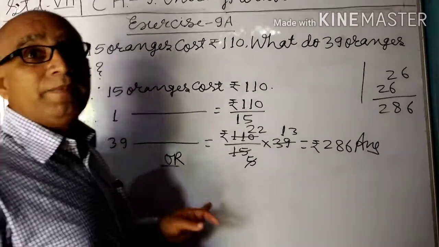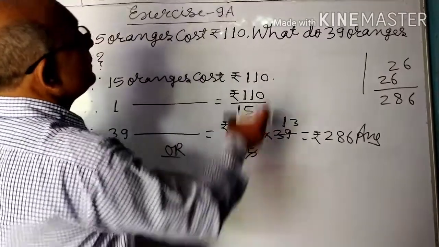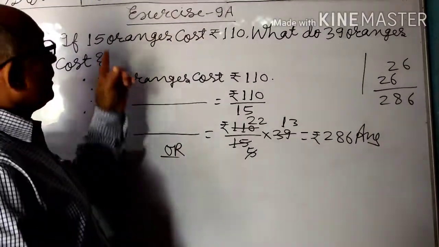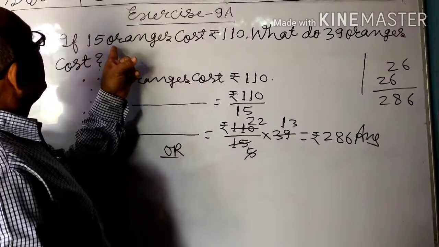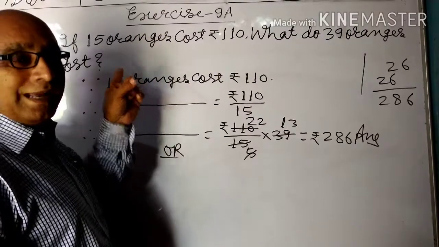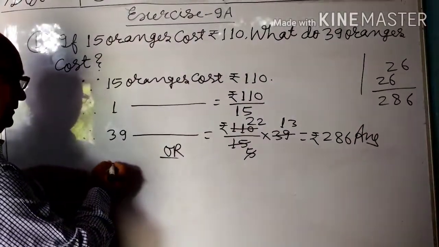It is in direct variation. 15 oranges cost 110, 39 oranges cost more than 110, since more oranges, more cost, and fewer oranges, less cost. So write it.